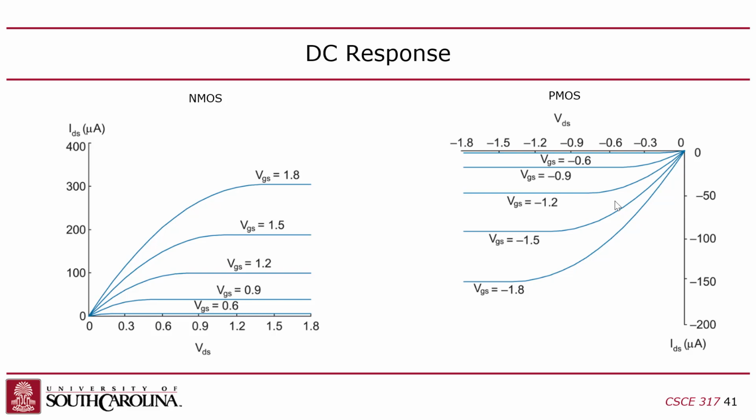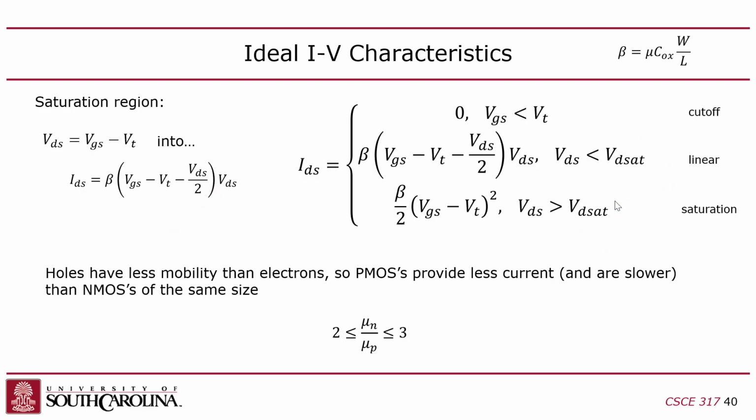If we have negative 1.8 on drain-source and negative 1.8 on the gate-source, it's going to be saturated until you bring that down to about negative 1 volt, in which case we go into the linear region. That makes sense? Okay. So that's called the DC response.